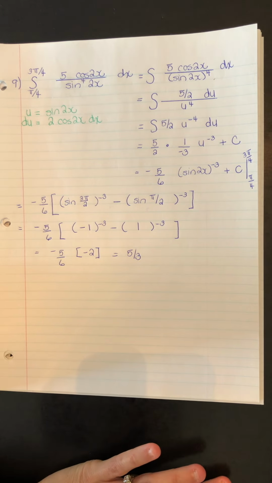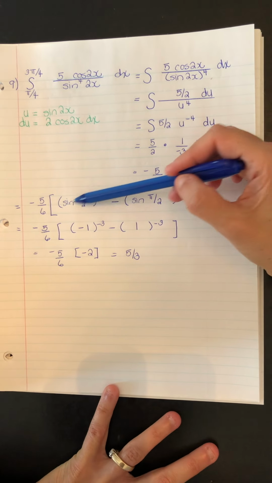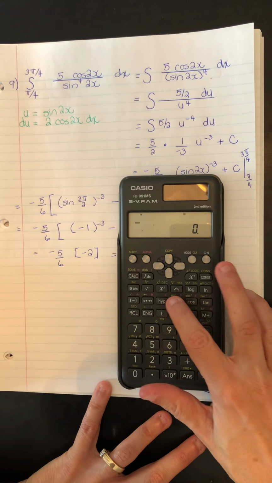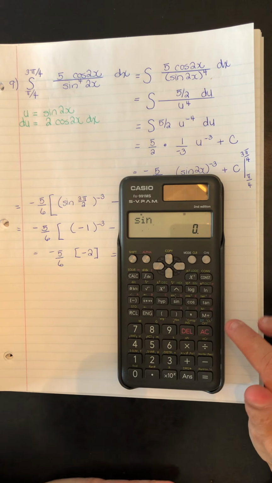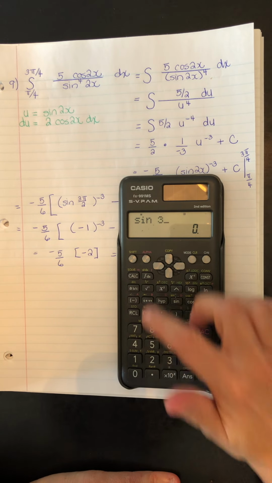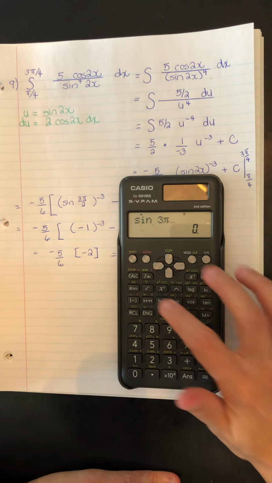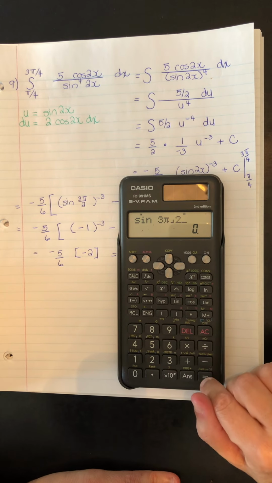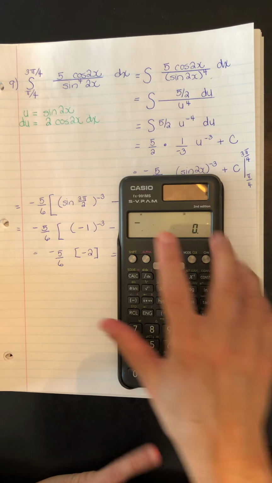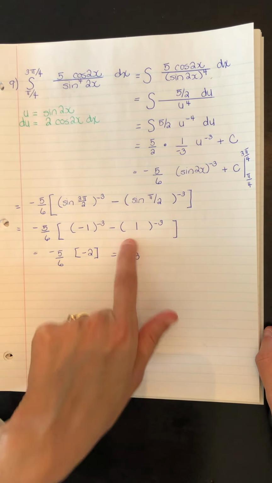All right, if you need your calculator to actually evaluate these things, then, you know, just go ahead and do it. Like the sine of 3 pi over 2 can be done like this. The sine of 3 pi over 2. There it is, negative 1, you see? Same thing with the sine of pi over 2.